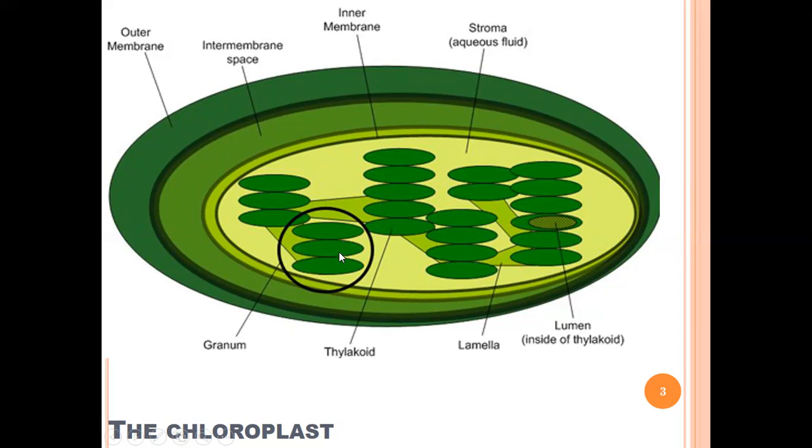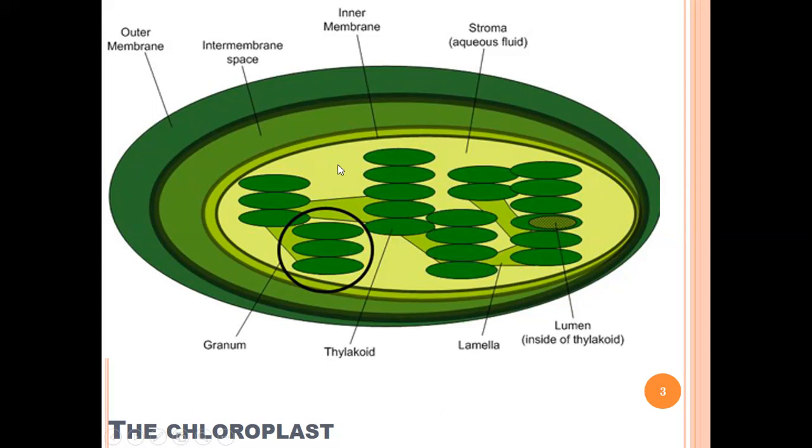Now, this granum is a stack of thylakoids that you find within the chloroplast. It is actually inside the thylakoid that you have the chlorophyll that absorbs light for the process of photosynthesis to take place. And each of these grana is being connected by what is known as the lamellae. So the lamellae connects a stack of thylakoid to another.